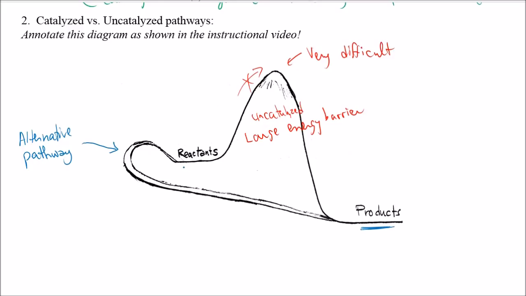It takes you from your reactants to your products, but using an alternative pathway. Molecules that meet the catalyst can take this alternative. By meet, I mean contact. Contact the catalyst can take this alternative pathway.